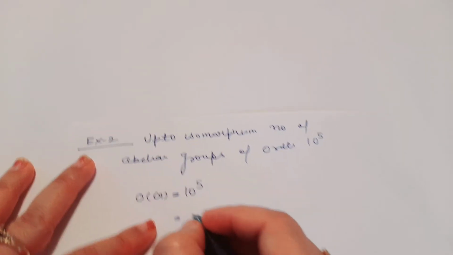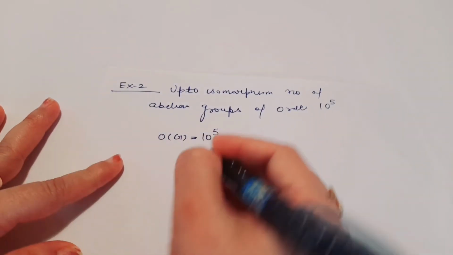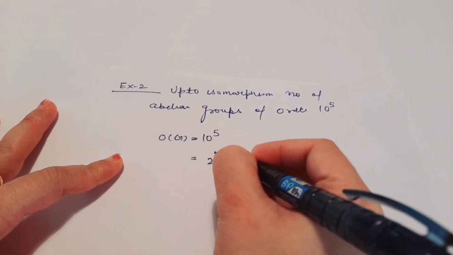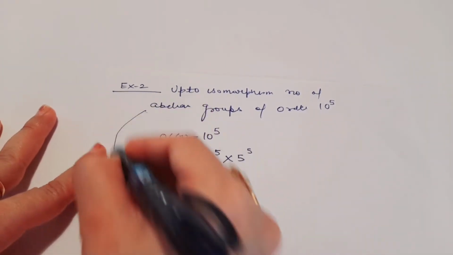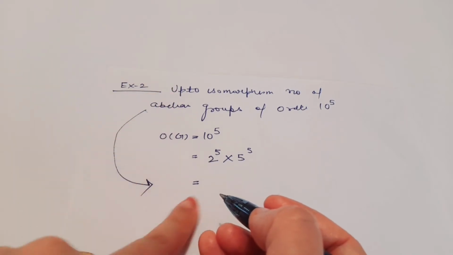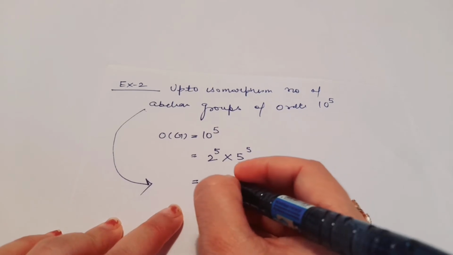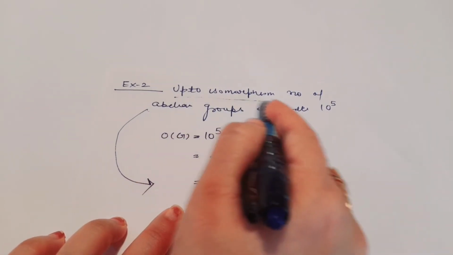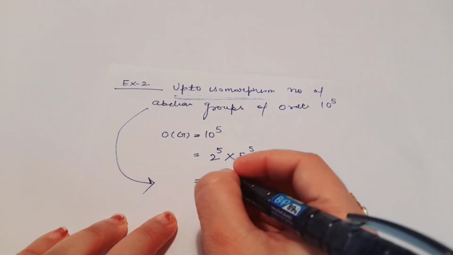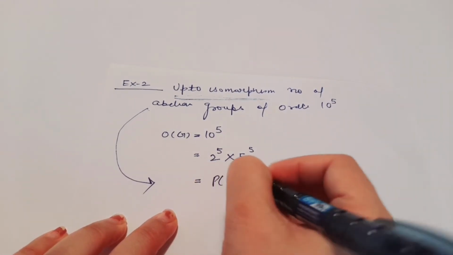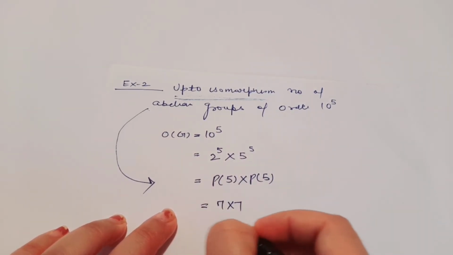That means you can write it as 2 raised to power 5 into 5 raised to power 5, because 2 fives are 10. The answer is the number of non-isomorphic abelian groups; you can write it as up to isomorphism or as the number of non-isomorphic groups, both are the same thing. So this will be P5 into P5. P5 was 7, so 7 into 7, that means 49.